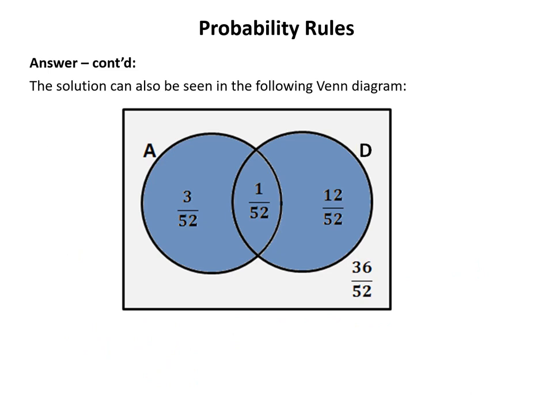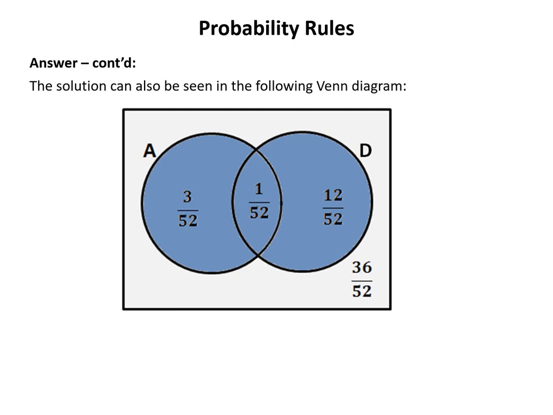We can see the solution also in the following Venn diagram, which illustrates it quite nicely. We can see that the set A has a probability of 4 out of 52, which is split into the 3 over 52, which is the non-diamond aces, and then the one ace of diamonds. Similarly, the diamonds are a total of 13 out of 52, which are split into the 12 that are not aces and the one that's an ace, which is again the ace of diamonds.